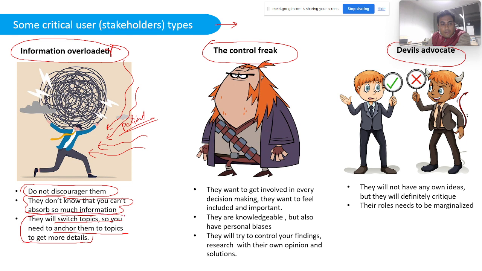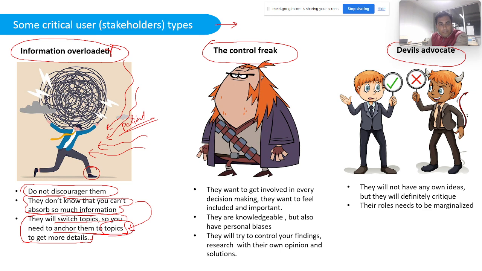It's like you are talking to them in a friendly manner, trying to get a lot of information, and that particular person probably will switch topic from one to another. But since you want to know about only one particular piece of information, you need to repeatedly direct him to that particular set of topics.